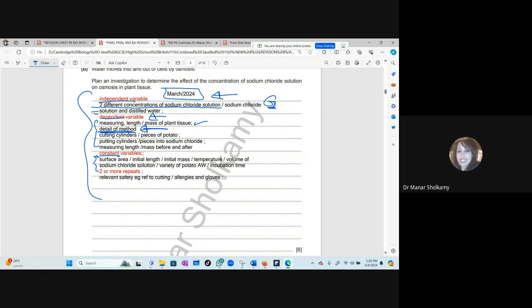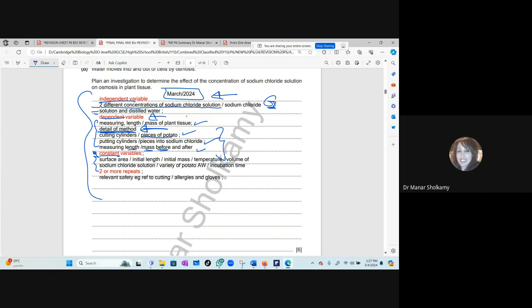I'll measure the initial mass, and then I'll do the experiment, and then I'll measure the final mass, and I'll calculate the percentage change in mass. Very good. You will cut the cylinders or you will cut pieces of potato, accept it. You will put the cylinders or the pieces of potato in sodium chloride. You will measure the length or the mass before and the mass after. So here, they want details of how you will measure your dependent variable, not just my dependent variable will be the change in potato mass. How? You have to say it.